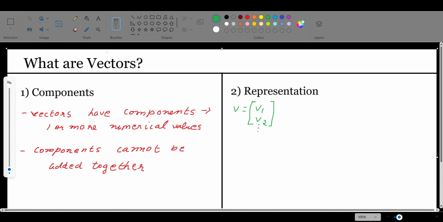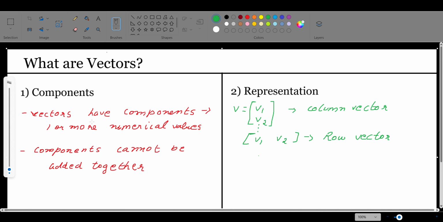You could just keep putting the rest of the v's under it. This form of writing the components is called a column vector, because everything is in one column. Another way of writing it is in this way. Any guesses on what it's called? It's called a row vector because it's one single row.